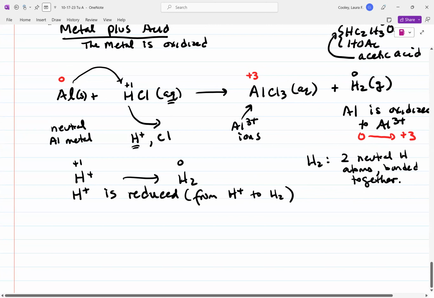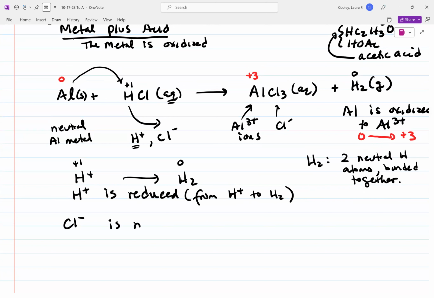Now, what about the Cl? Here, the Cl is Cl-. I don't know how that got erased, but over here, the Cl is Cl-. So the Cl- is not changed. We say it's a spectator ion. Let's see.